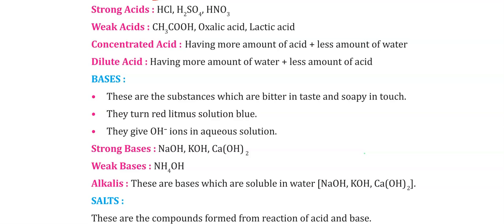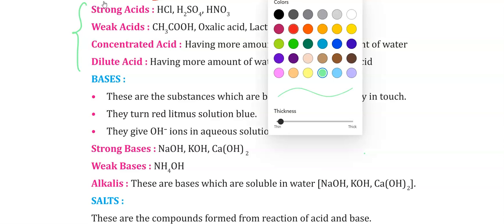Okay, so let me classify them. So here we have 4 types. It's not types, I can tell you, it's just been classified. We are going to classify the acids as strong acids, weak acids, concentrated acids and dilute acids.